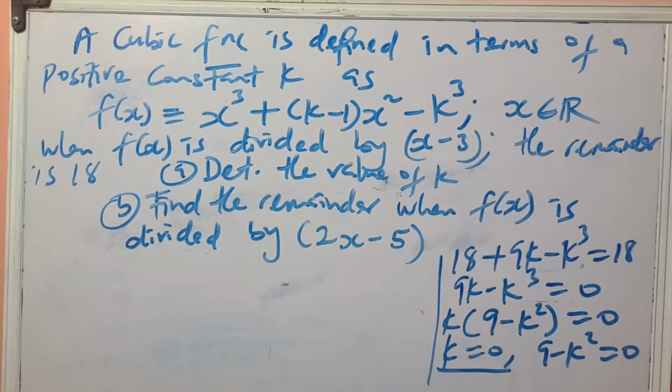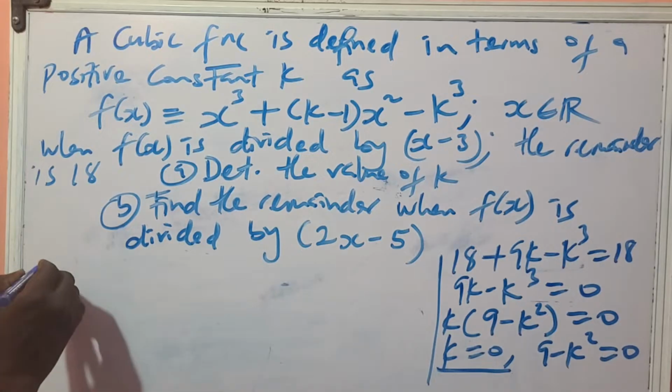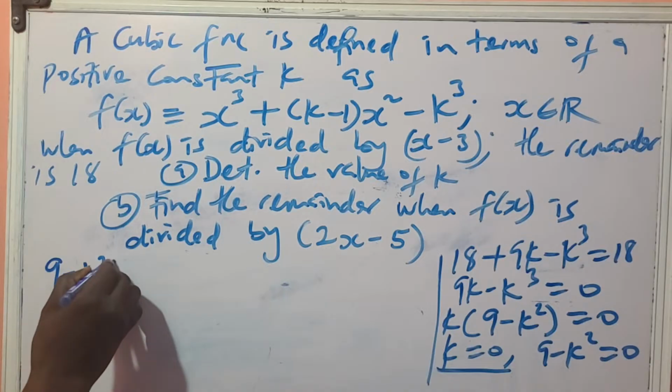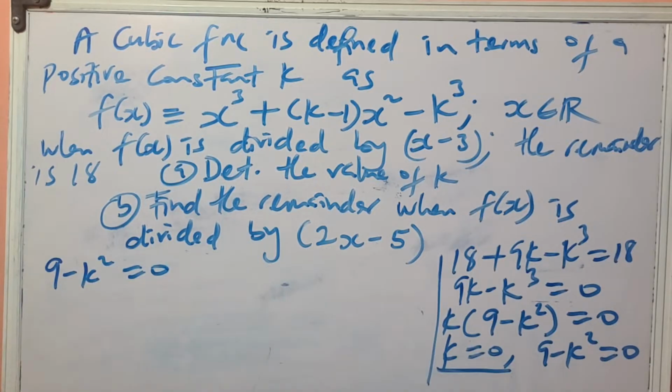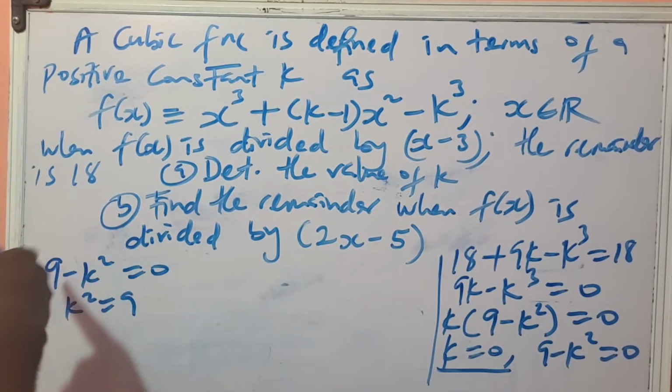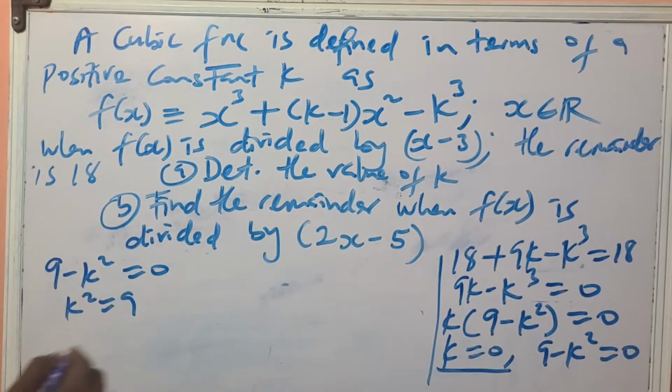Okay, so we have 9 minus k squared equals 0. So obviously k squared equals 9. Of course, you understand that you fix this here, this will be k squared equals 9. So you take the square root of both sides, we have k equals plus or minus 3.